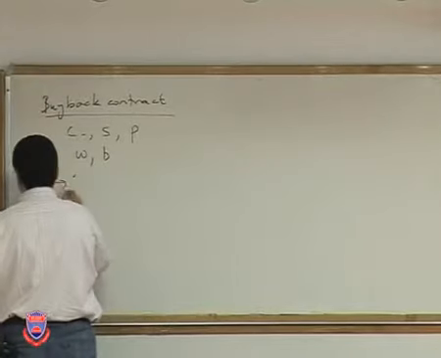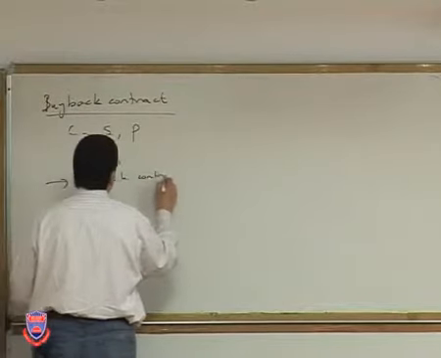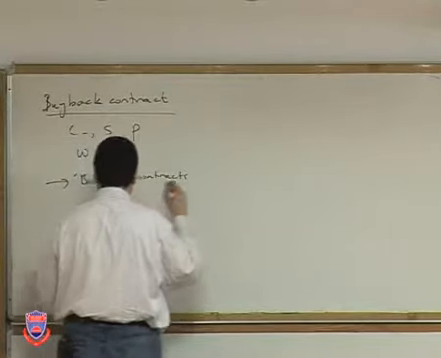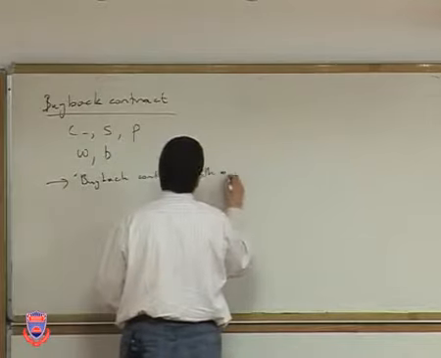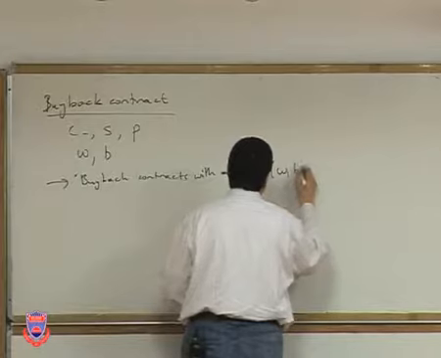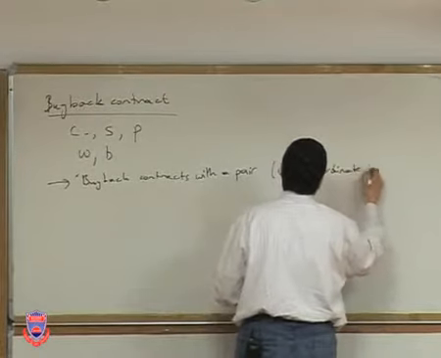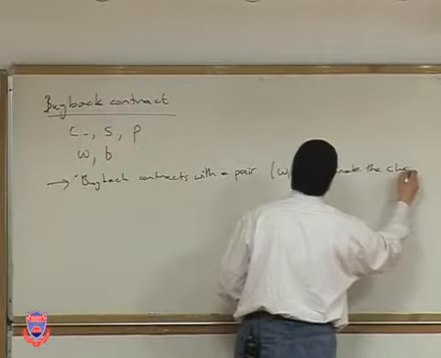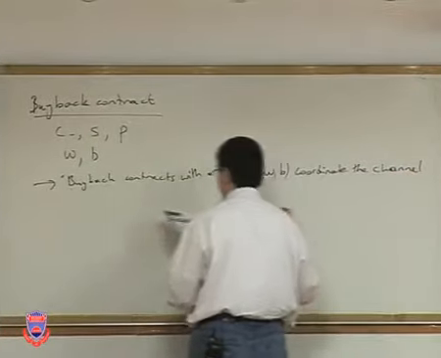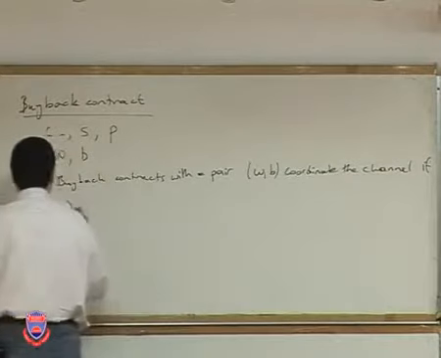So let me write this here. Buyback contracts with salvage this time, with a pair (W, B), coordinate the channel if we have two equations to solve.